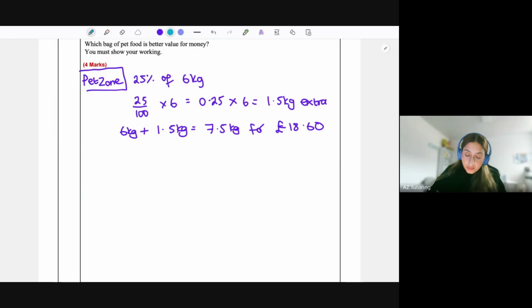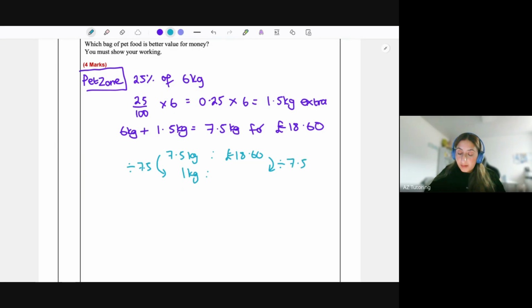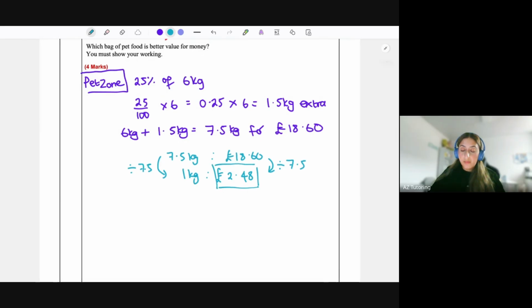For 7.5 kg for £18.60, to get to 1 kg you divide by 7.5, and you do the same on the other side, dividing £18.60 by 7.5. For 1 kg, she is going to be paying £2.48. So we've done that for PetZone.